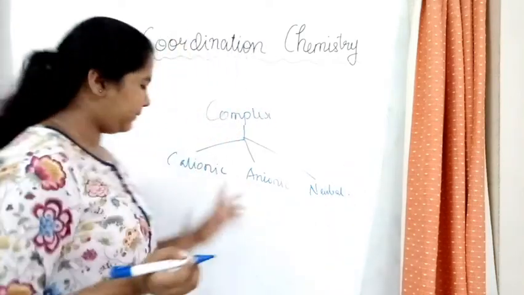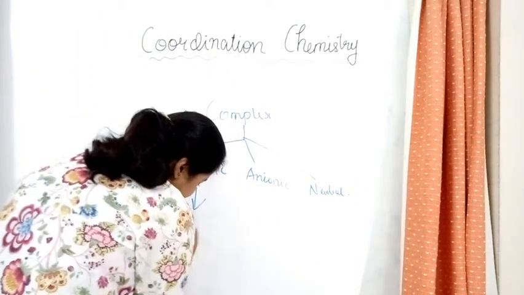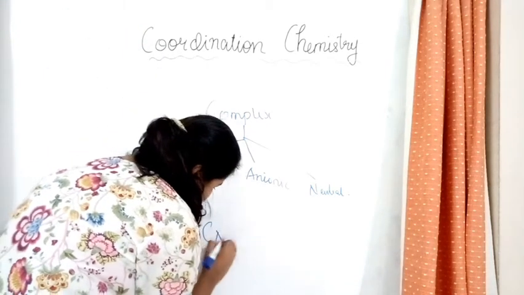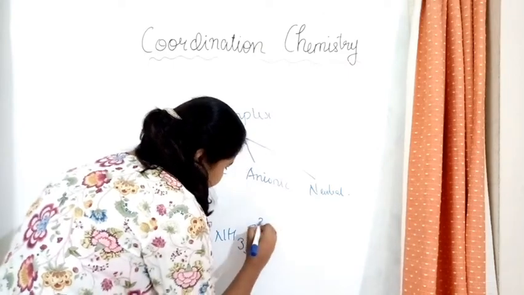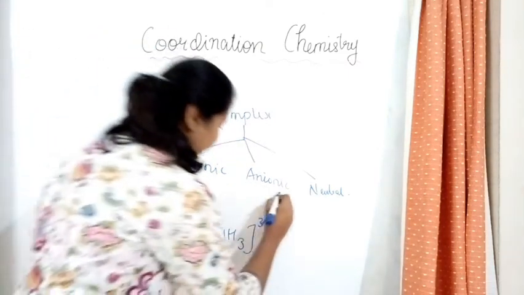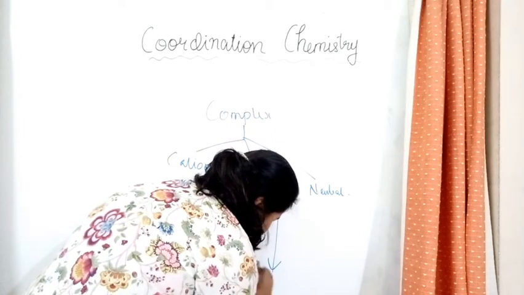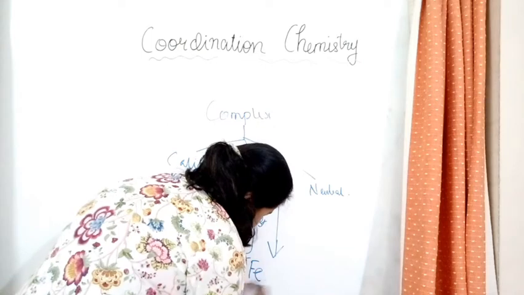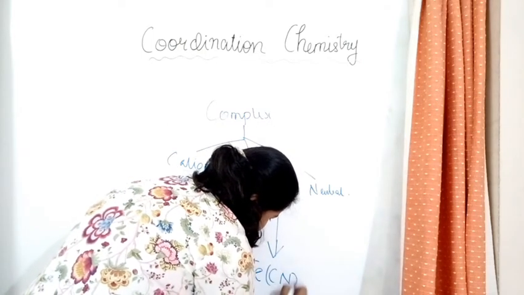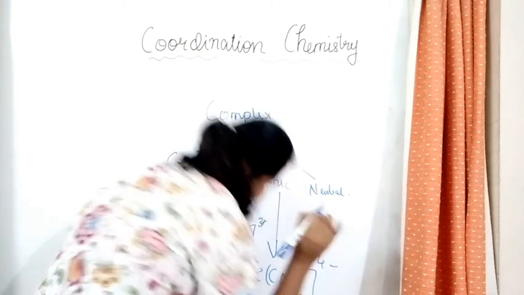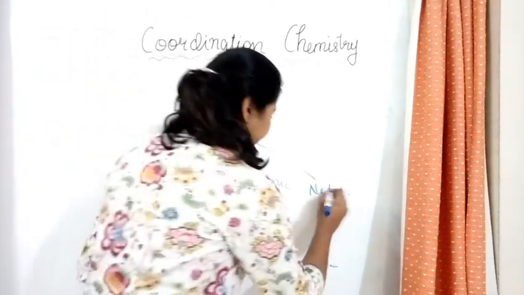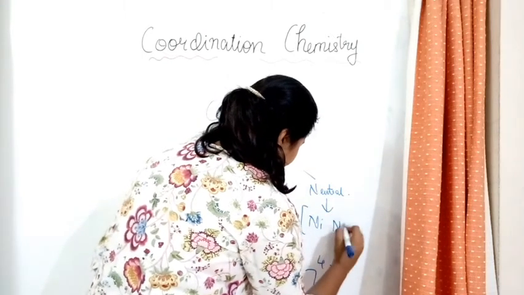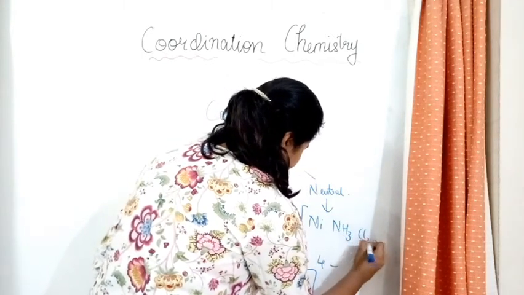For cationic, the example is [Co(NH3)6]3+. For anionic, it is [Fe(CN)6]4-. And for neutral, what is that? That is [Ni(NH3)2Cl2].